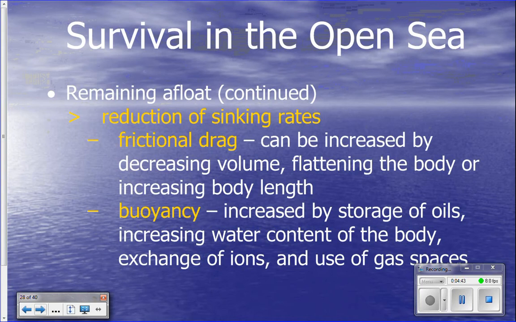That would be the equivalent of making your car into a big giant box and trying to get as much friction as possible, which we don't do because that'd be terrible for gas efficiency. But that's what the animals in the ocean try and do. Spread themselves out, create lots of surface area so that they slow their sinking rate down. They'll do that either by having projections off of their body or by being elongated and flattened.